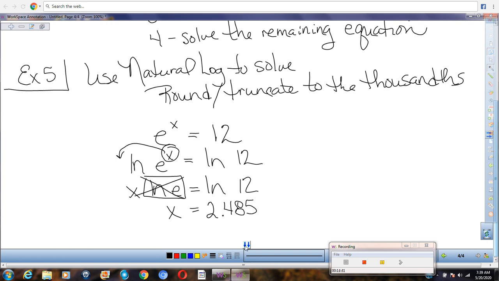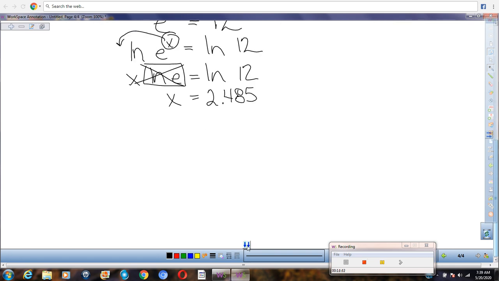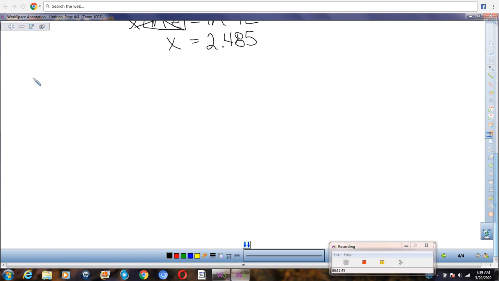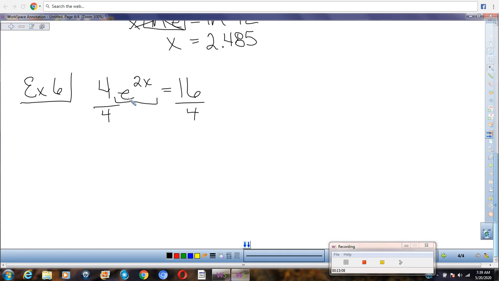Let's try another one. Example 6. We have 4e to the 2x equals 16. Now we need to get this e to its exponent by itself, so we need to get rid of the 4. To get rid of the 4 coefficient, we're going to divide both sides by 4, leaving us with e to the 2x equals 4.